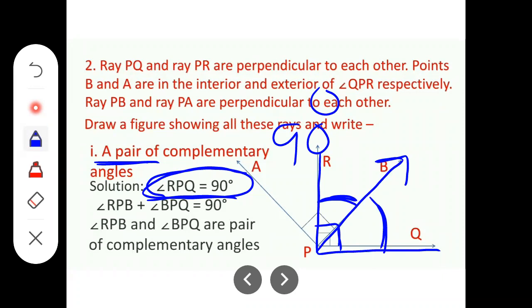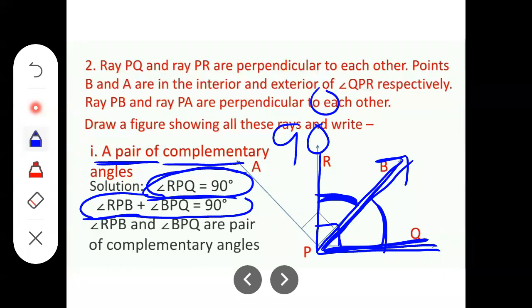So write the names of the angles: RPB, that means this angle, plus BPQ, this other one. Okay, so that is the pair which measures together 90 degrees. Understood the meaning? You have to write those two angles together whose measures will be complementary. Whose measures will be complementary means together they measure 90 degrees.